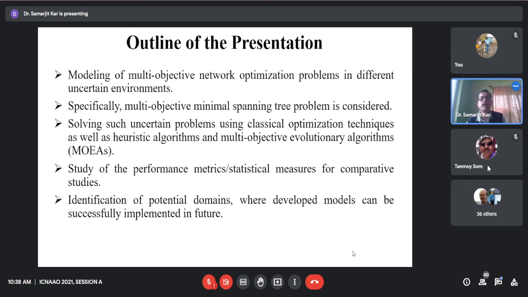So obviously we can use some meta-heuristic algorithms by which we can solve such multi-objective problems. And finally, because we have used several evolutionary algorithms or meta-heuristic algorithms, we have to compare their performances through some statistical measures.